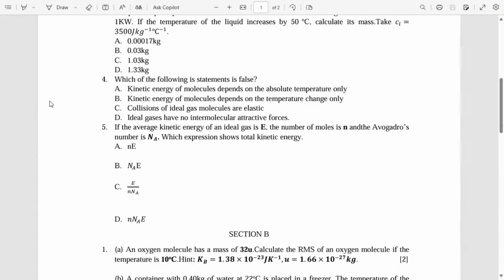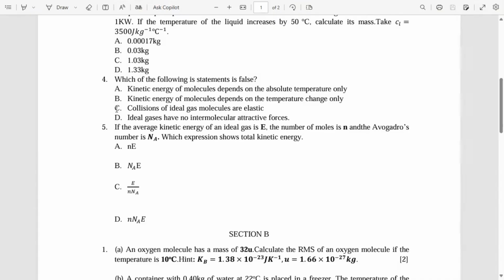So that means option D and option C are actually correct.